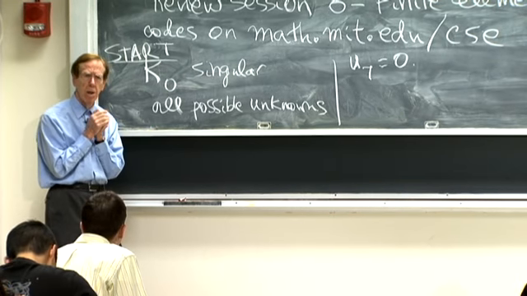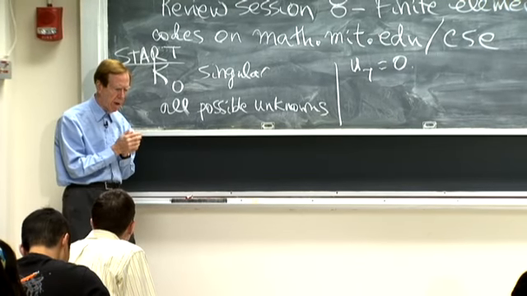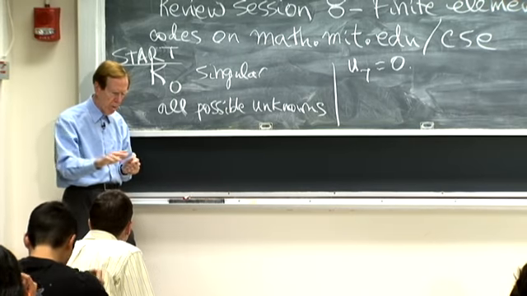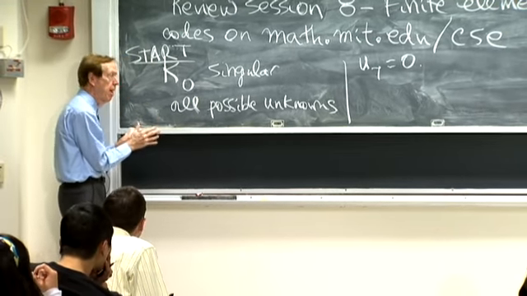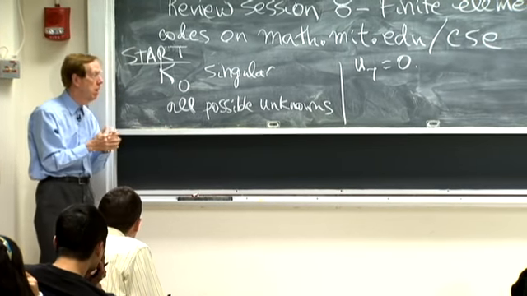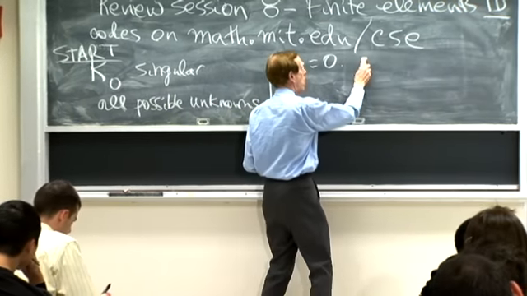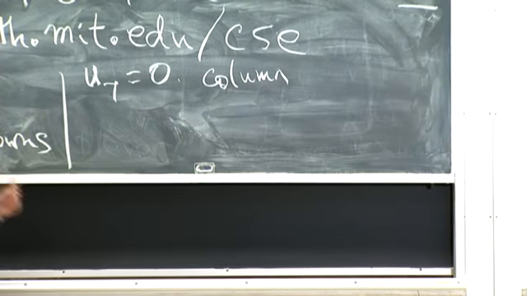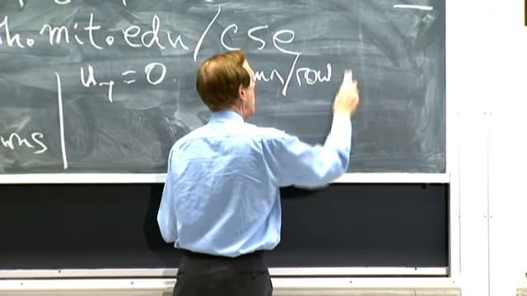Is that right? Yes, that's what we've done. We've struck out a column, and we should also strike out a row. We would really like to end up with symmetric and normally positive definite matrices. So this would be a column and row removed. I'm speaking roughly because I didn't have advanced preparation on this question.